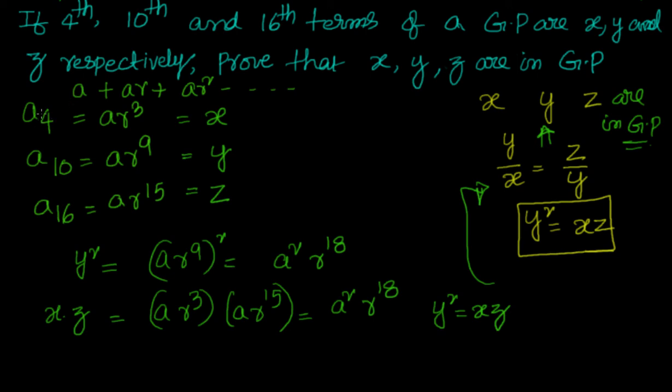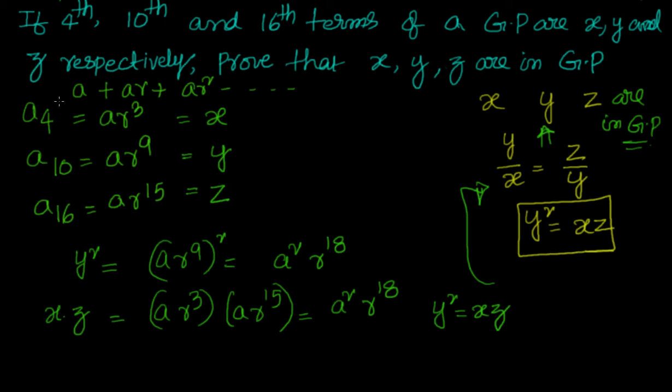So how have we solved that? We know a4, a10, a16. We have used the formula a r to the power of n minus 1, equated it to the values given, x, y, z respectively. Now you see that y by x is equal to z by y.